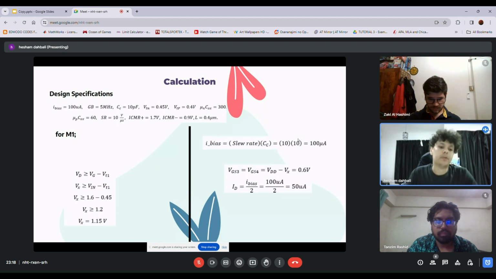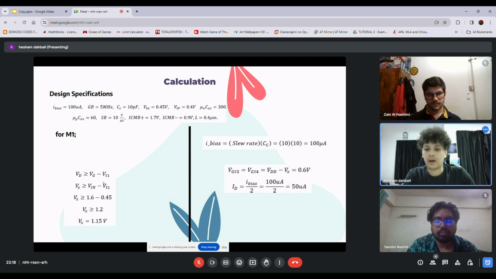We did a simple calculation to extract the value of Vx from VD more than VG minus VT, which comes from the fact that VDS is greater than or equal to VGS minus VT in saturation mode, because all the transistors within the circuit have to be in saturation mode for the circuit to operate correctly. Therefore we found that Vx equals 1.15, and then we additionally used the slew rate and the capacitor to find our I bias.